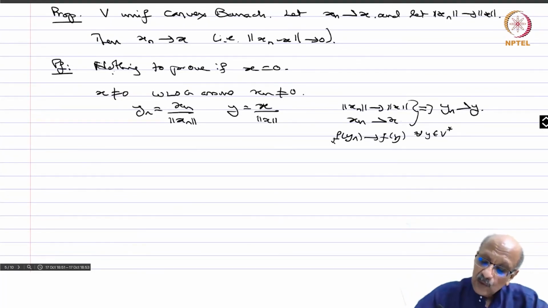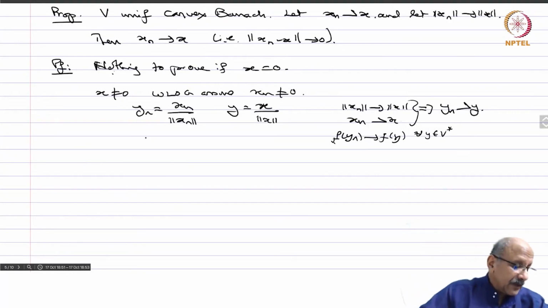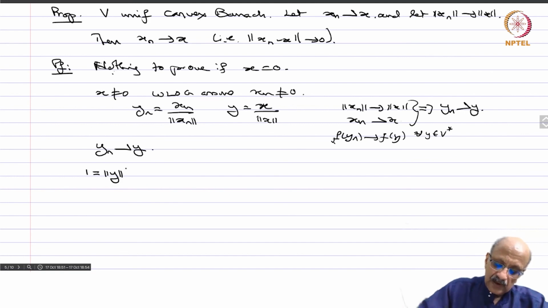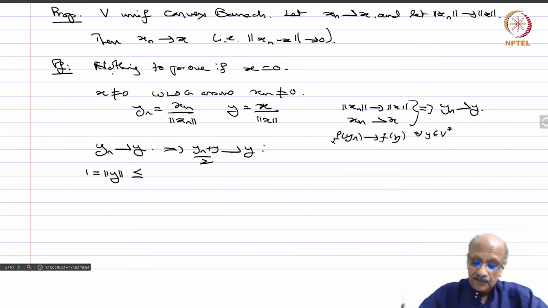So we have that yn goes to y weakly, and now we have to show that yn goes to y in norm. Okay. So yn goes to y weakly, therefore 1, which is equal to norm y, is less than or equal to lim inf. This implies that yn plus y by 2 also goes to y weakly, because yn goes to y weakly.